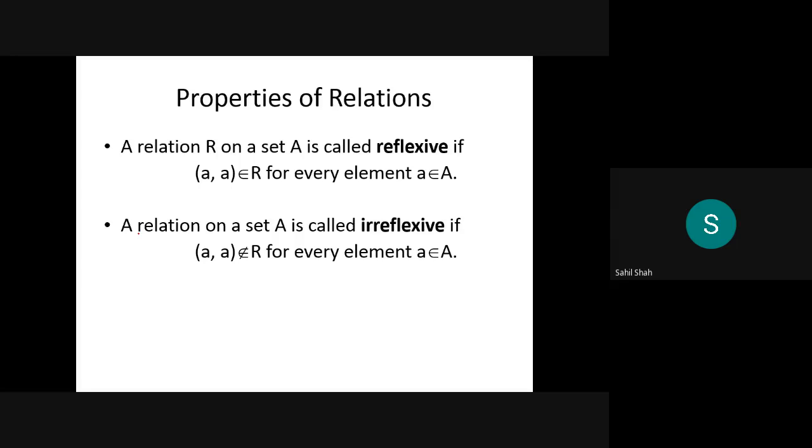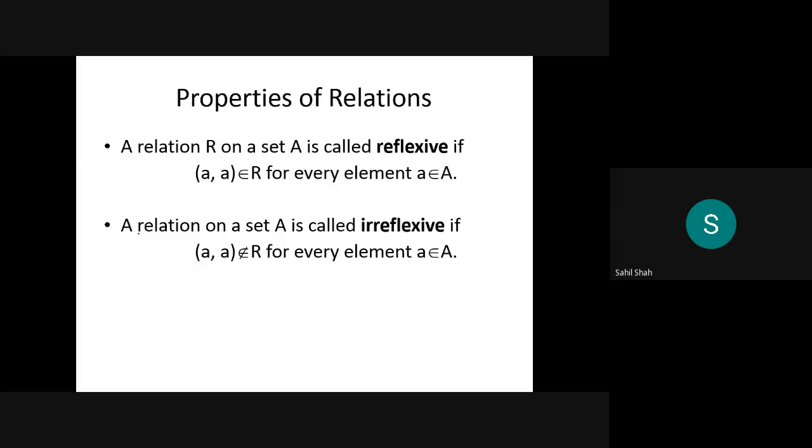You would say a binary relation is reflexive if and only if there is a self loop present. Every element of the set on which relation R has been defined must be paired with itself. So you must have pairing of all the elements with themselves for a relation to be reflexive.